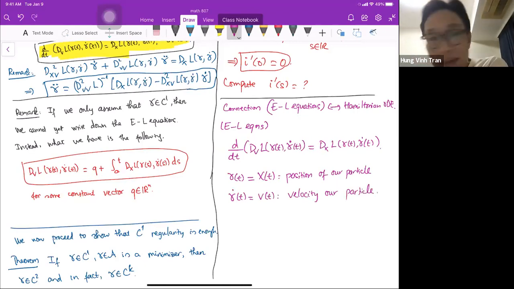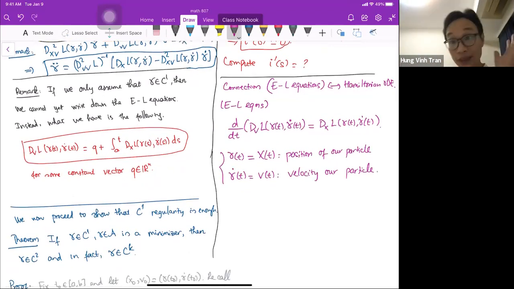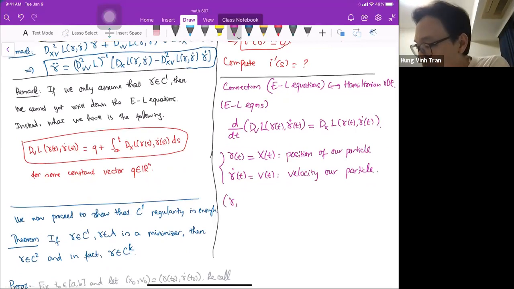You can see that many times in the literature, in physics, in fluid mechanics and others, the pair gamma gamma dot, denoted by xt vt, is typically called the Lagrangian viewpoint or Lagrangian coordinates.